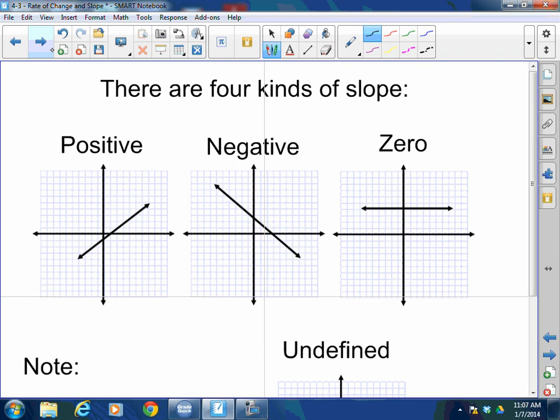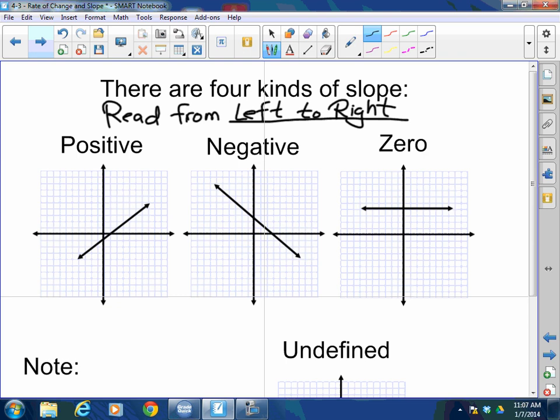First of all, whenever you're looking at a graph, you always read the graph, just like a book, from left to right. You always read from left to right.